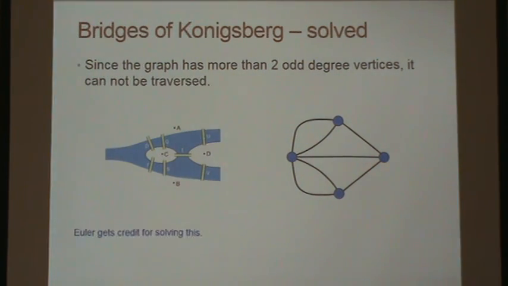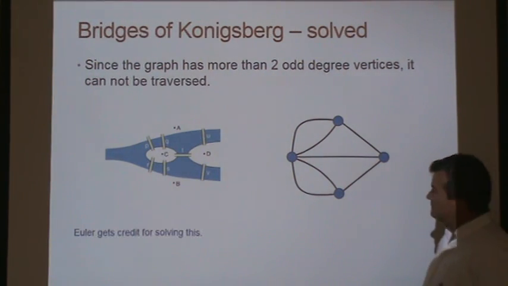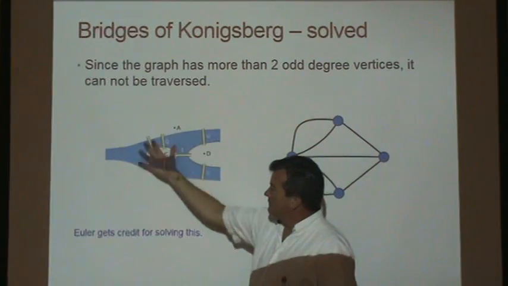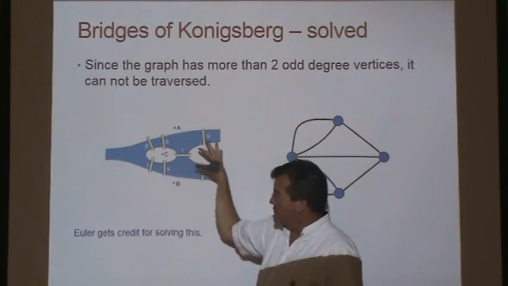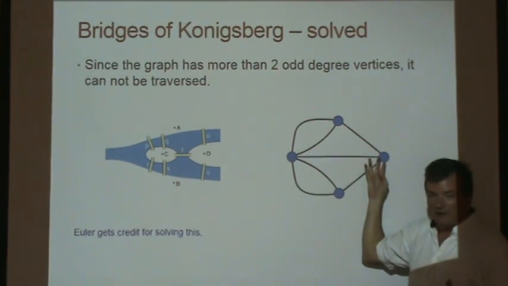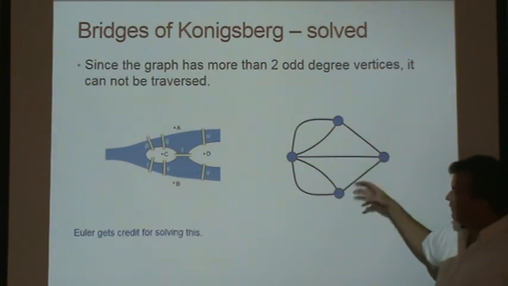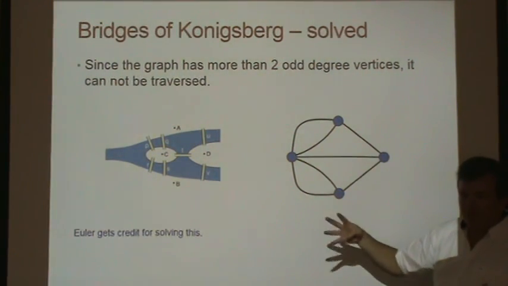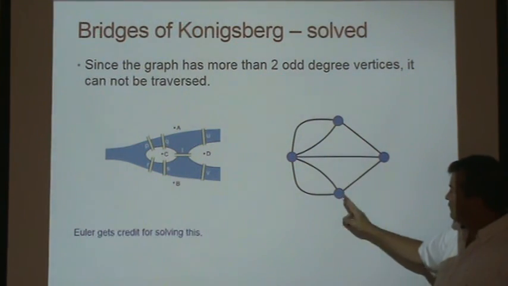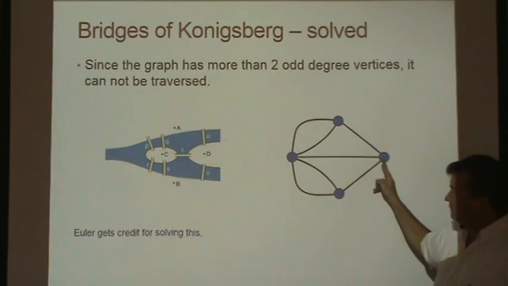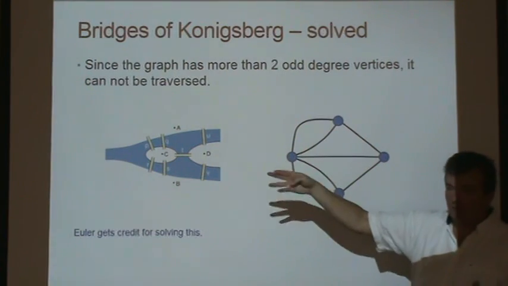So you couldn't do this? Yeah, you can't do it, because you're taking this piece of geography and turning it into this graph, and then you're noticing that there are 4 odd degree vertices. If you were to start your walk from any one of them, you would have to finish somewhere else.